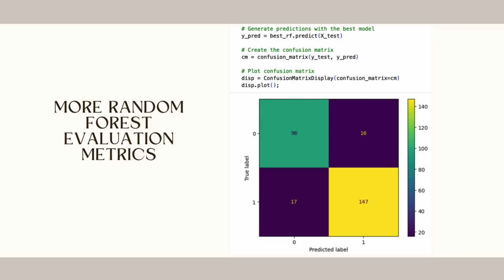This confusion matrix shows how the predictions are distributed. The diagonal cells represent correct classifications, while the off-diagonal cells are errors. We can see that most patients are correctly classified and the number of false positives and false negatives is relatively low.